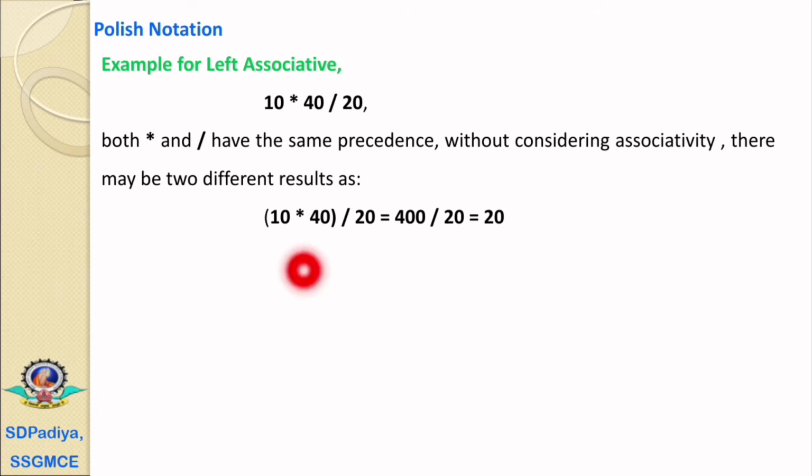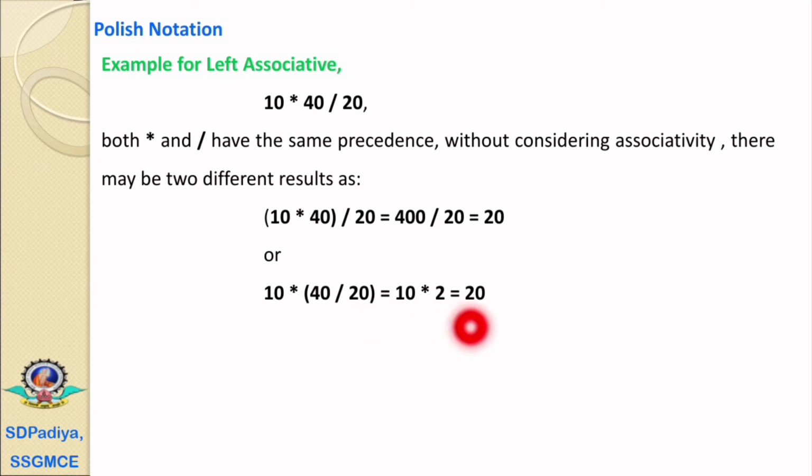Either we solve first 10 into 40, then divide by 20, that is 10 into 40 will be 400, and 400 divided by 20 equals 20. Or we solve first the division, that is 40 divided by 20, and then 10 into 2, that equals 20.